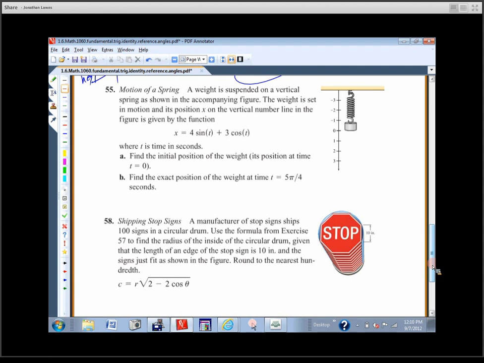Let's say you just ignored all the words and looked at the equation they gave you. Just focus on this equation right here. And you can even ignore all the words in the first question and just look at the number they gave you.